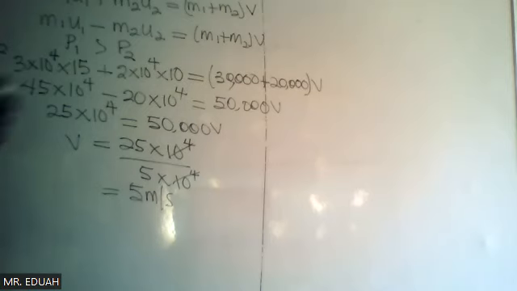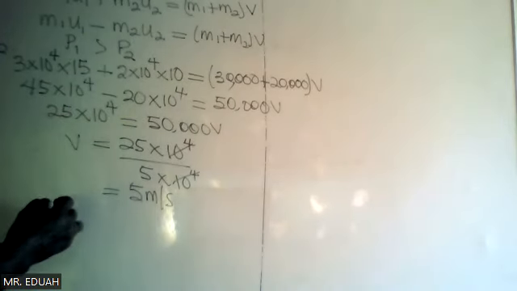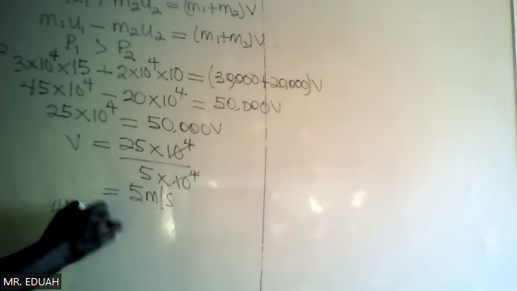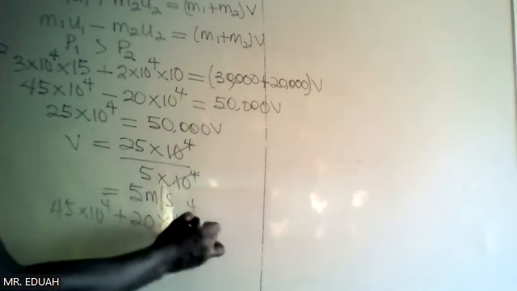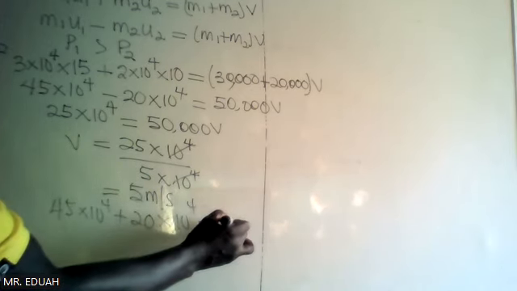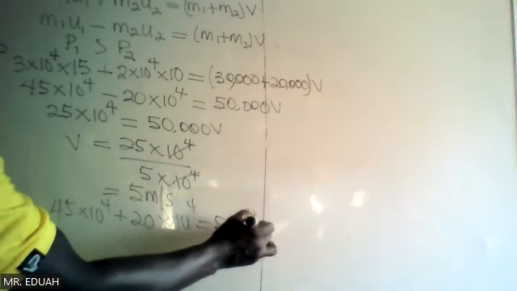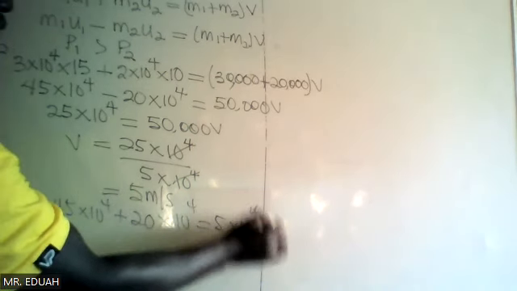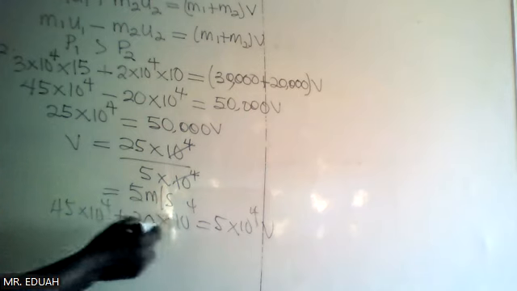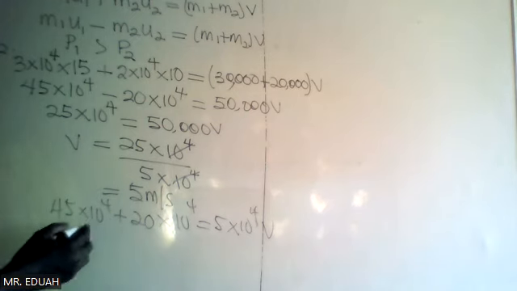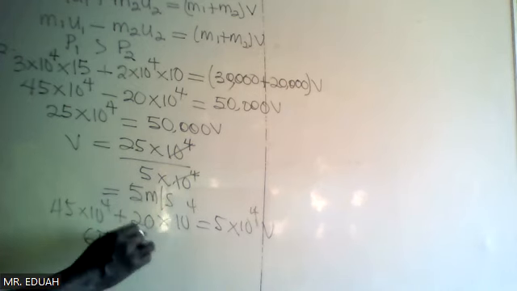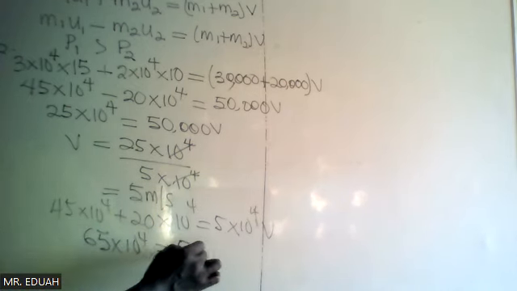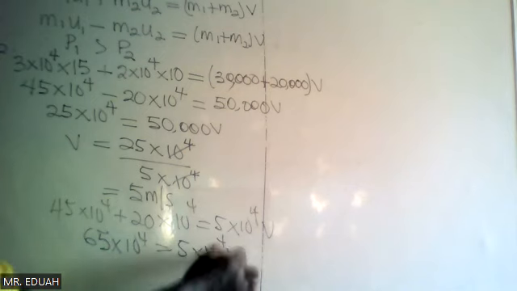So in that case, the total momentum will be 45 times 10 to the power 4 plus 20 times 10 to the power 4 is equal to 5 times 10 to the power 4 V, when they are moving in the same direction. And here, instead of subtracting, this will be 65 times 10 to the power 4 is equal to 5 times 10 to the power 4 V.